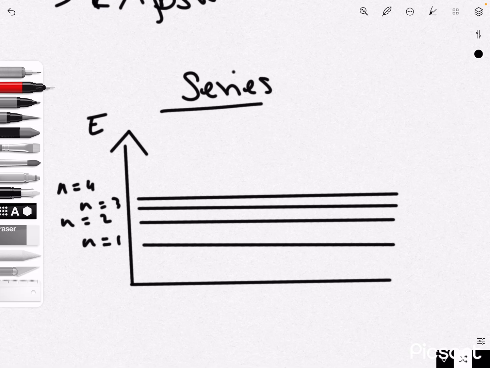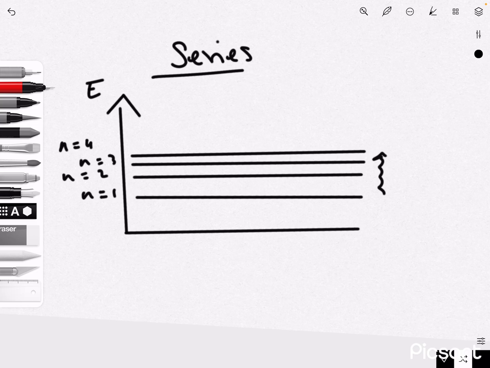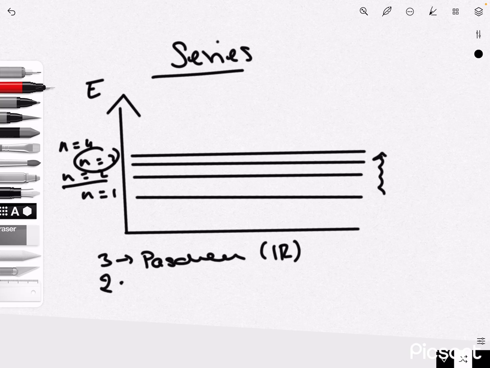So when an electron is excited up, it absorbs photons, and it comes back down to energy level number 3. This tells us that it is in the Paschen series, meaning that it will emit infrared radiation.